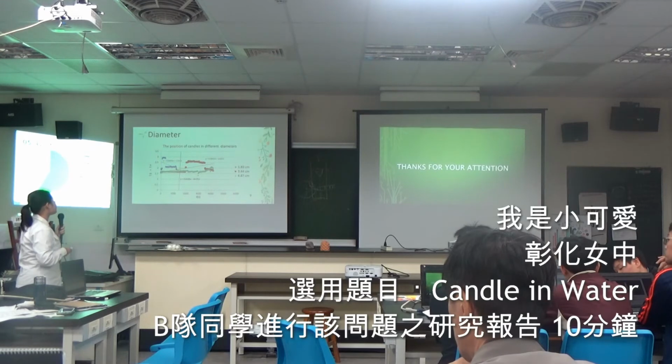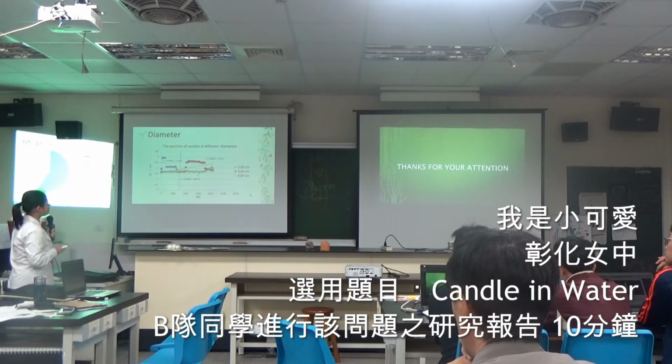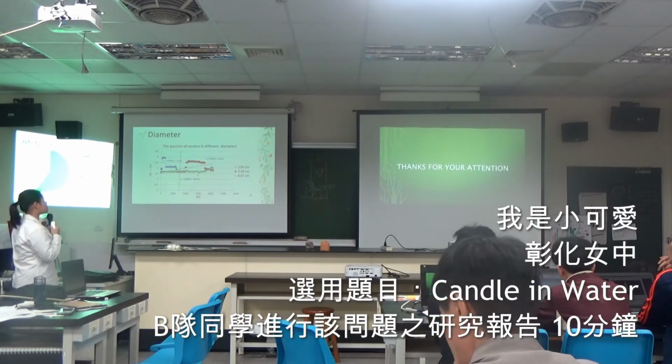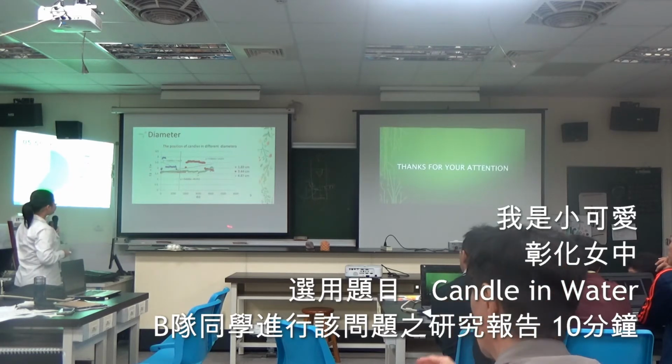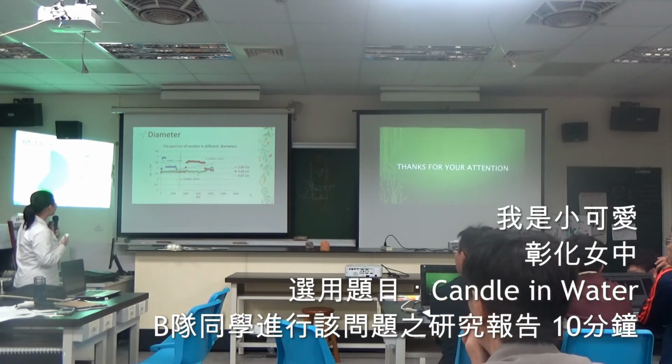And this is the graph where we change the diameter of the candle. We can find that the data is so complex because we have some error in this, but we can also see that the 1.831 is more.